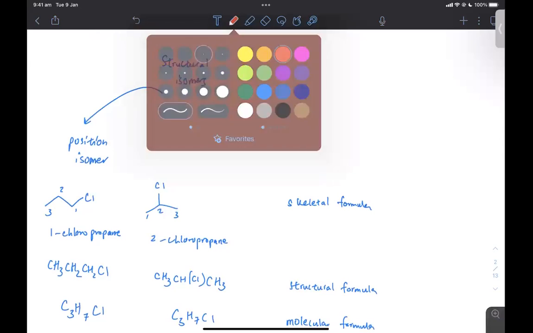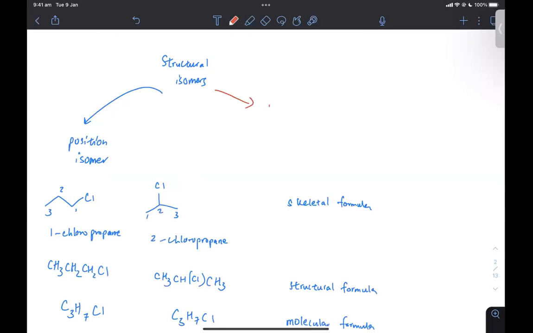Now, the second bit of structural isomers will be something called chain isomer. So chain isomer is straight chain versus branch chain. So this is a straight chain, this is a branch chain. So straight chain versus branch chain, they are chain isomers. So here you will see that there is 1, 2, 3, and 4. This is what you call butane.